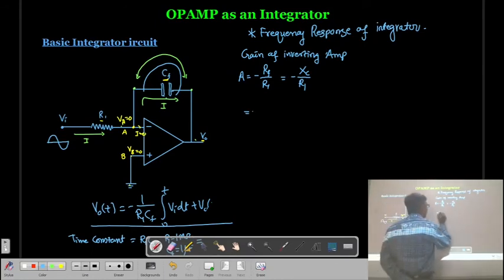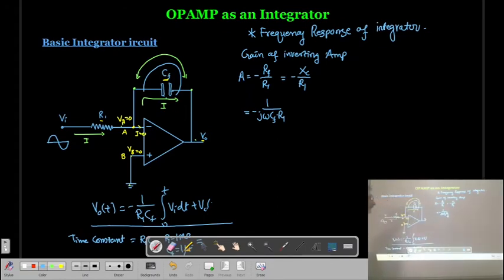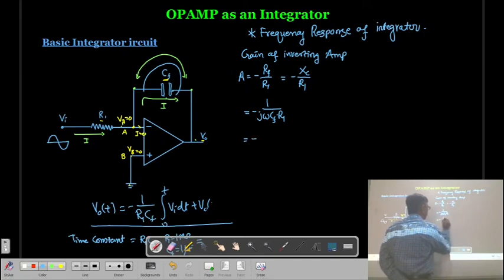So this is minus 1 upon j omega Cf into R1, or you can say this is equal to minus 1 upon j 2 pi f R1 Cf.